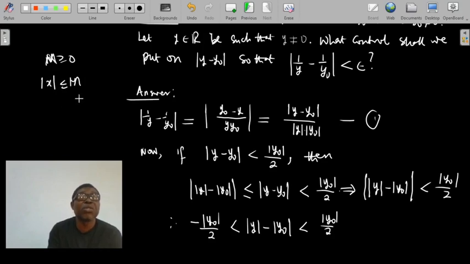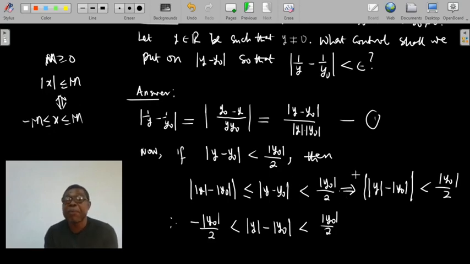You remember that this is equivalent to minus m less or equal to x less or equal to m. Using this, that is what I use here. Since absolute value of y minus absolute value of y naught is less than absolute value of y naught over 2, this inequality is equivalent to minus absolute value of y naught over 2 is less than absolute value of y minus absolute value of y naught, which in turn is less than absolute value of y naught over 2, seeing this as our m.